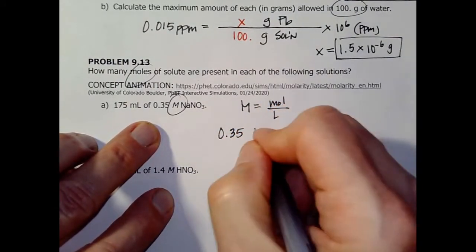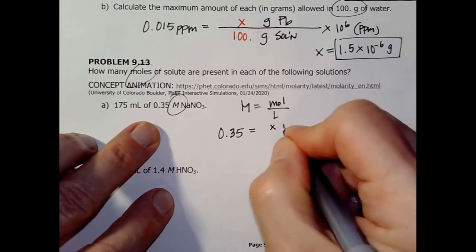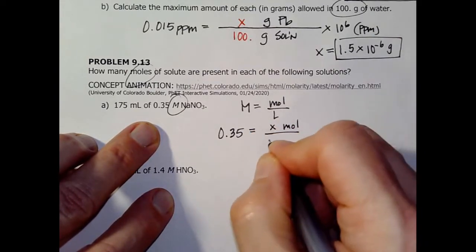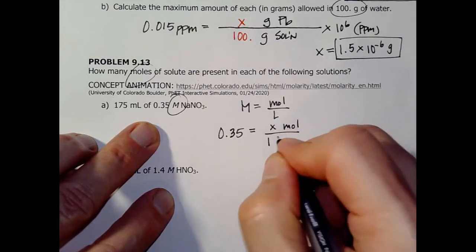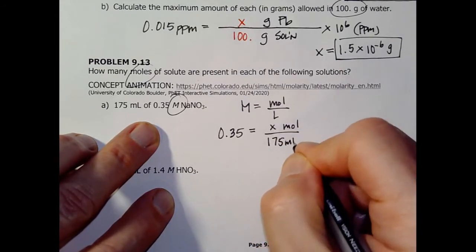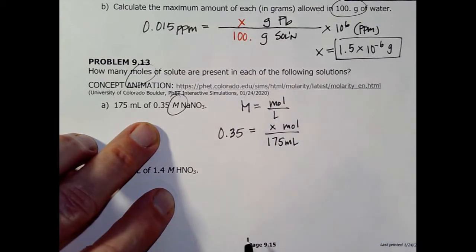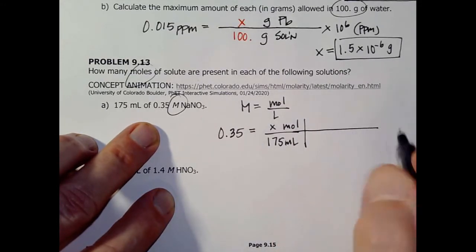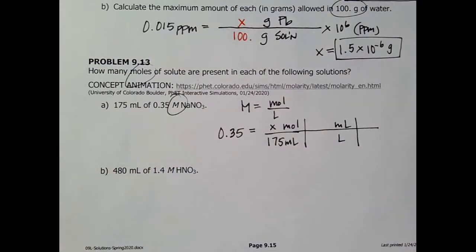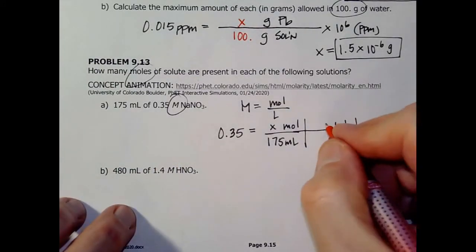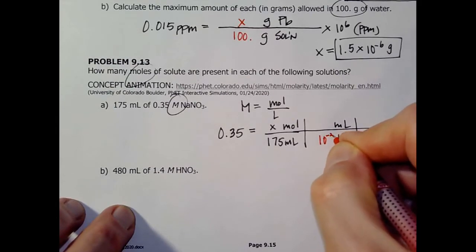0.35 equals x moles over 1, well, let's go with this. But this is supposed to be moles per liter. So I could fix that. 10 to the minus 3 and 1.